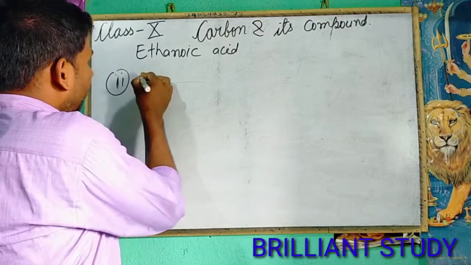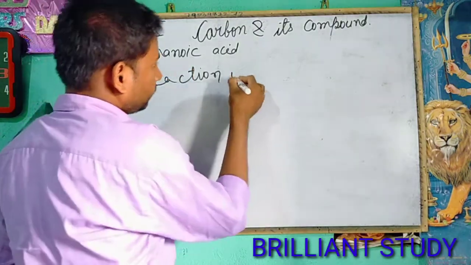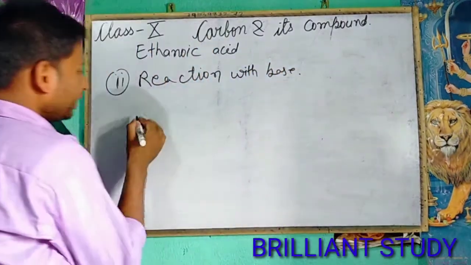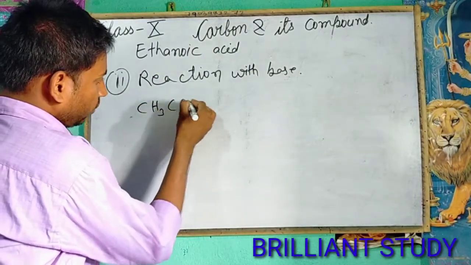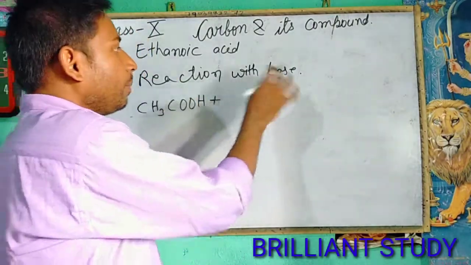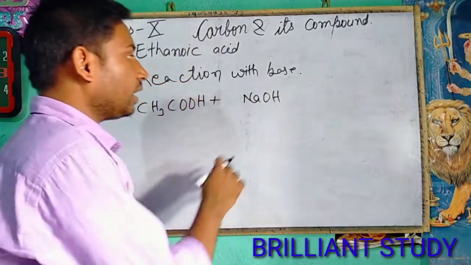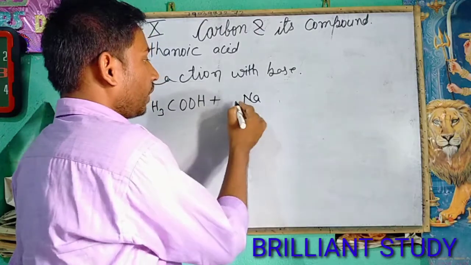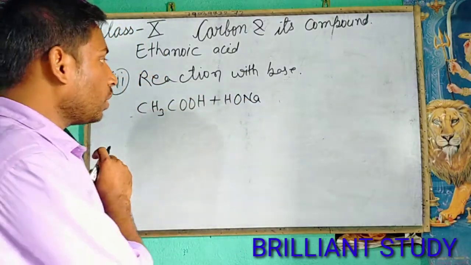Next reaction is reaction with base. When ethanoic acid CH3COOH is reacted with a base, for example take NaOH. The NaOH can be written in this format also.